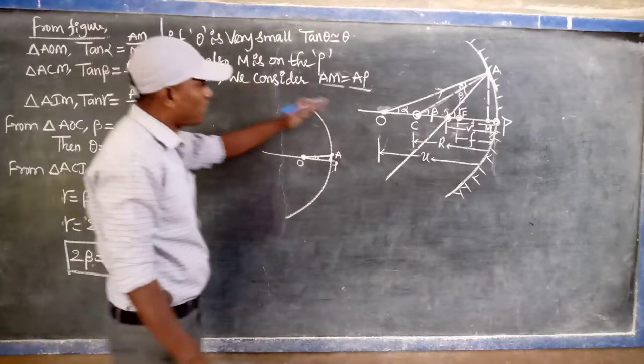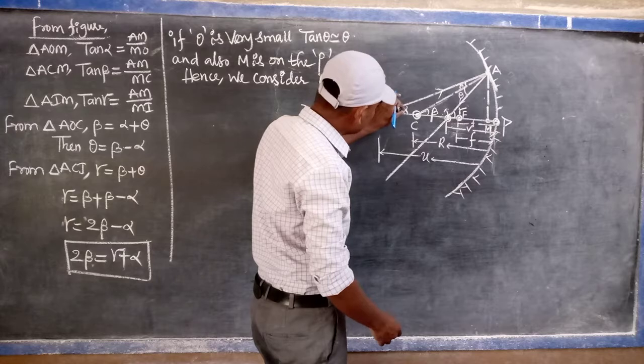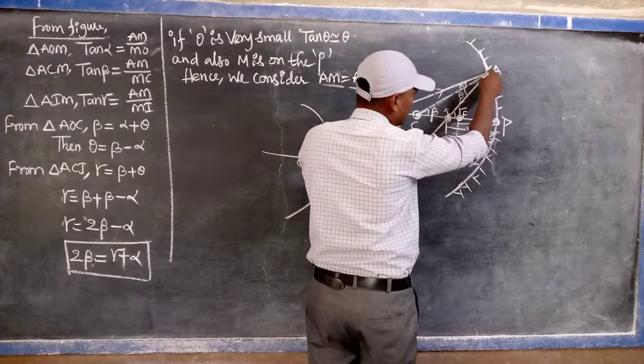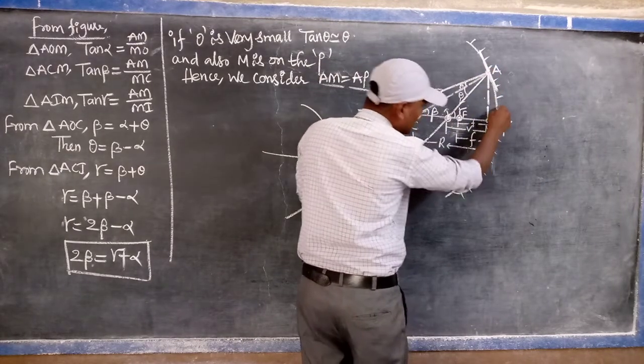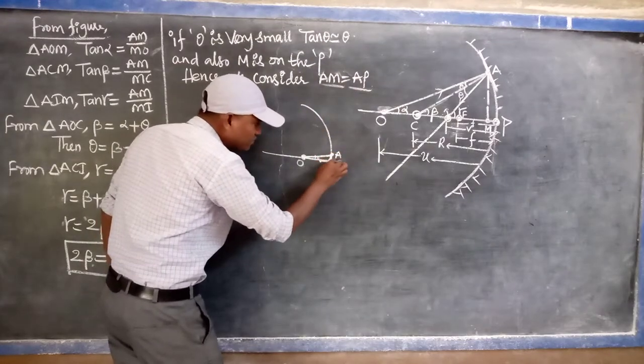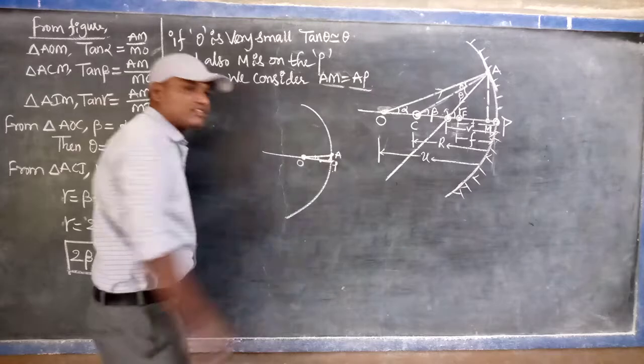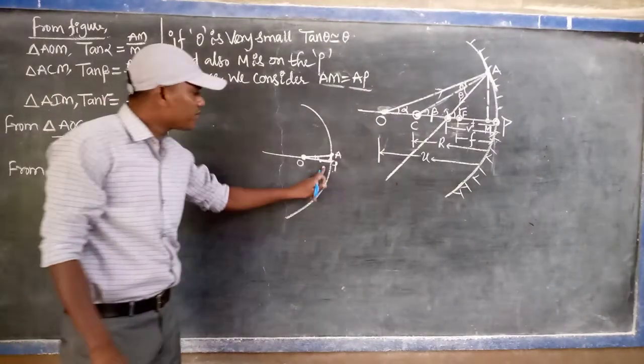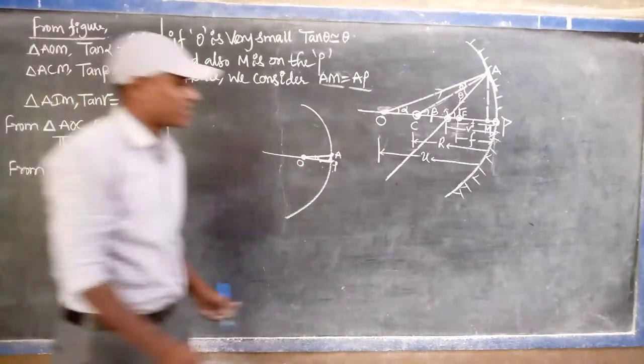If the angle is small, the incident ray will not fall here. It will fall very near to the point P. That's why when we draw a perpendicular line onto the principal axis, it coincides exactly with P. That's why M is on the P. That we can consider.